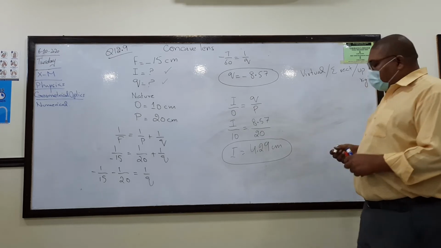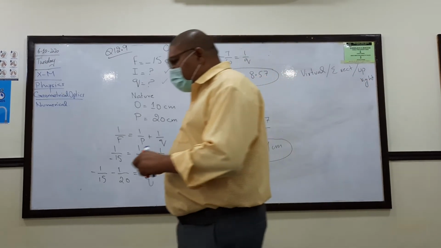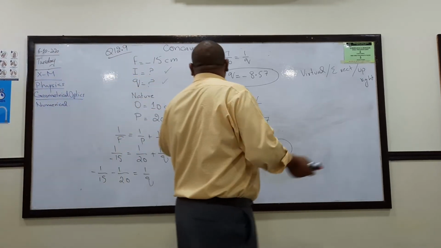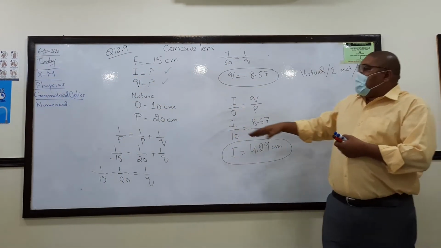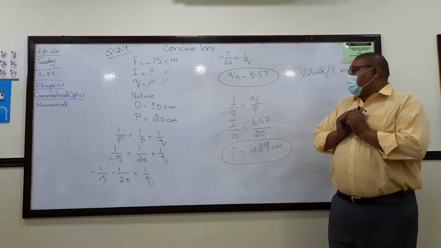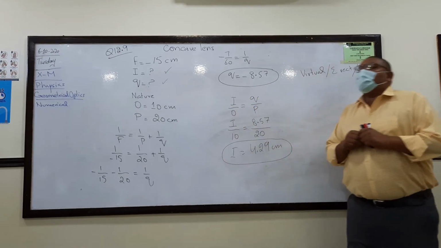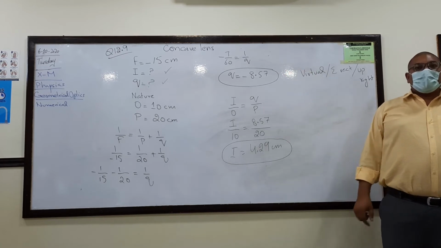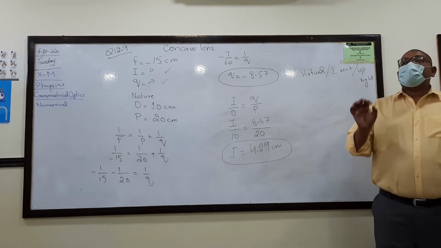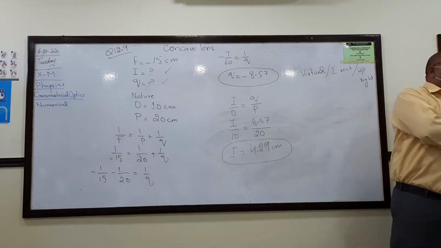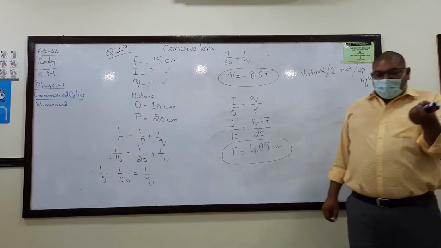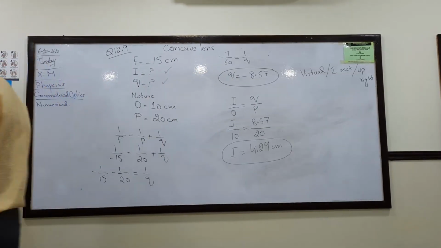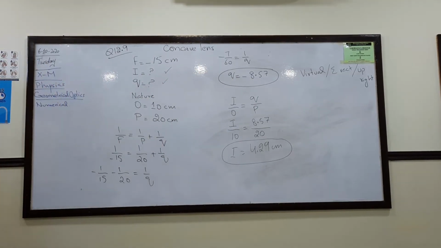The image will be virtual, it will be upright, and look at the size of the image and the size of the object. The height of the object is 10. The height of the image is 4.2. The image is diminished. The image is smaller than the object. So technically we say the image is diminished. You understand?